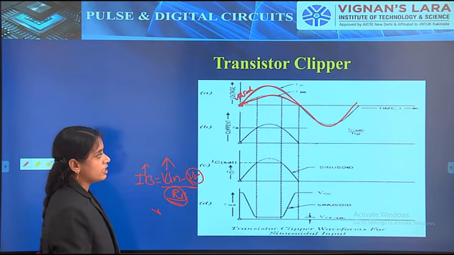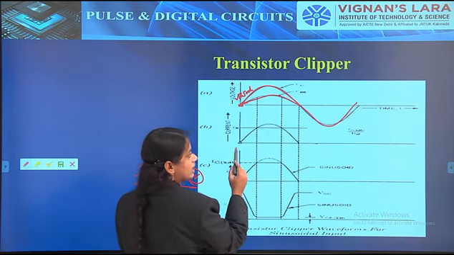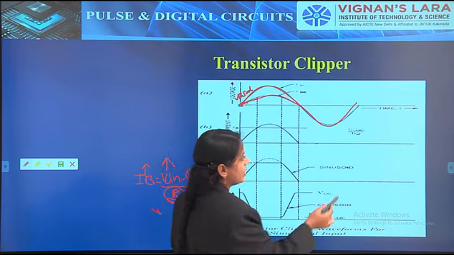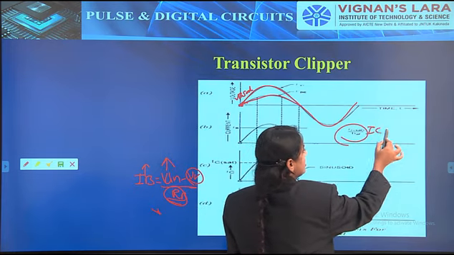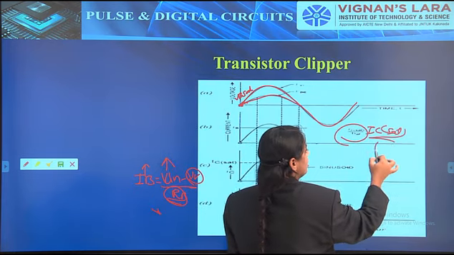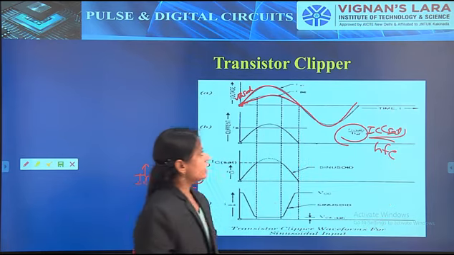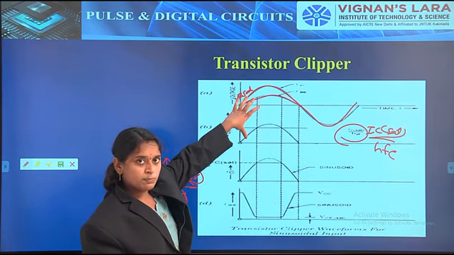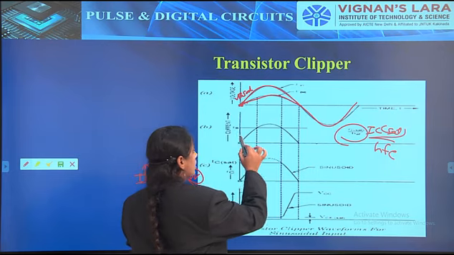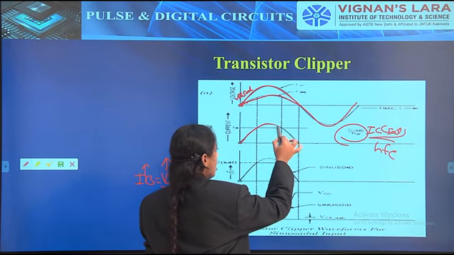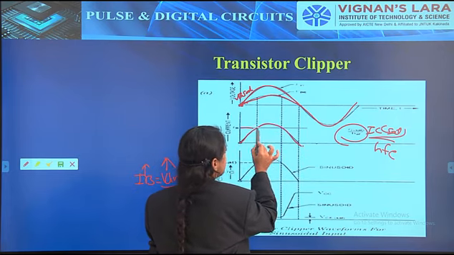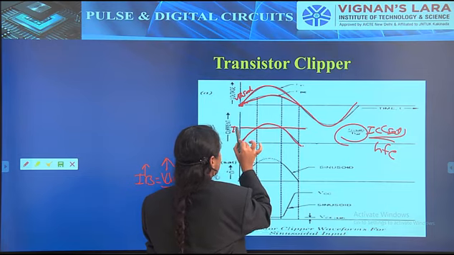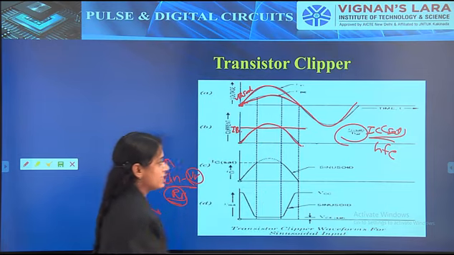As the input voltage increases linearly, obviously the IB current also increases linearly, up to IB equal to IC sat by HFE. This is the IB value when it reaches maximum.